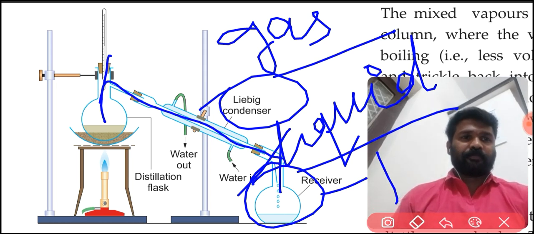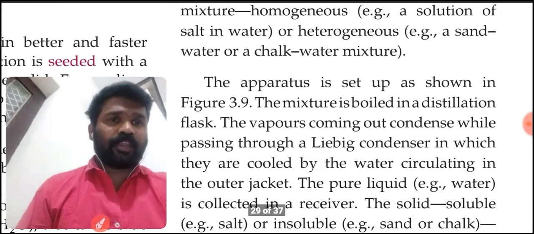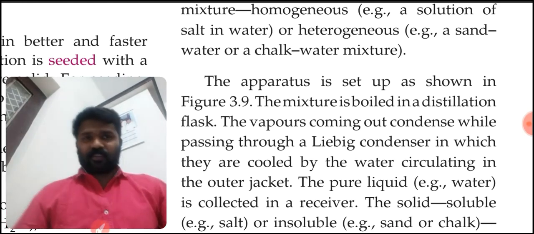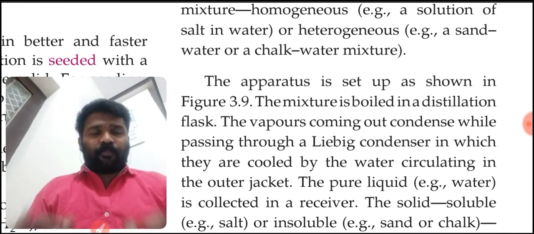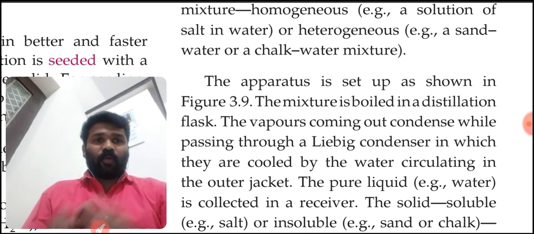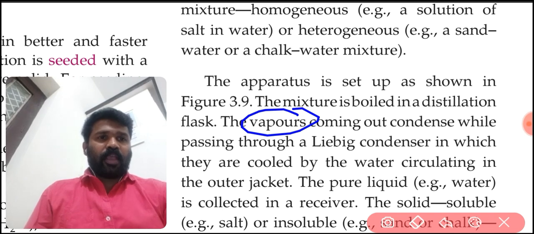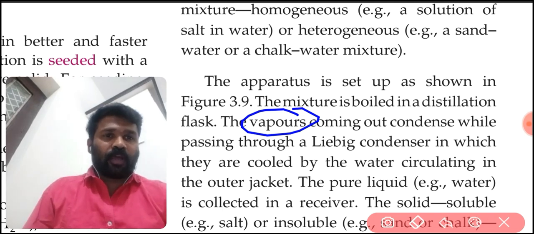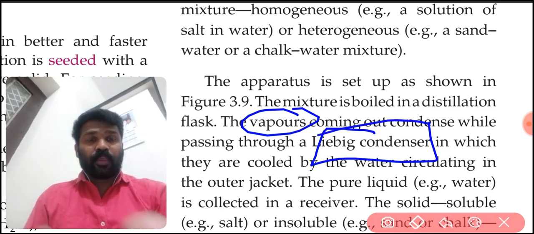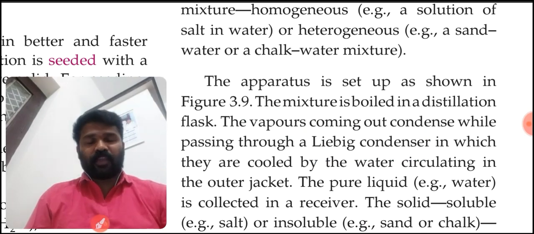So the apparatus is kept there. In short, by boiling the mixture in the distillation flask, the vapors come out and condense while passing through the Liebig condenser, in which they are cooled by the water circulating in the outer jacket.